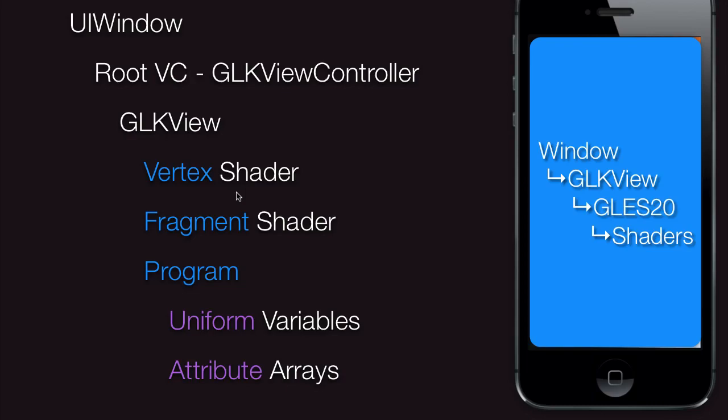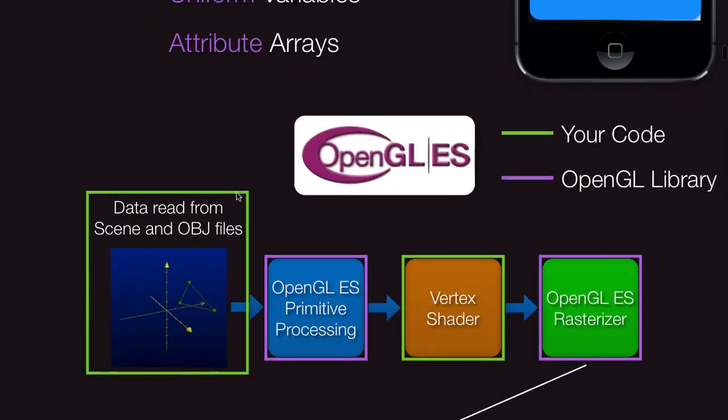The vertex shader, the fragment shader, they're compiled at runtime, linked into the OpenGL program, and that program is sent to the GPU. And then you're also passing in uniform variables and attribute arrays or model data for your OpenGL program to work on as you draw. So those are the 5 components.